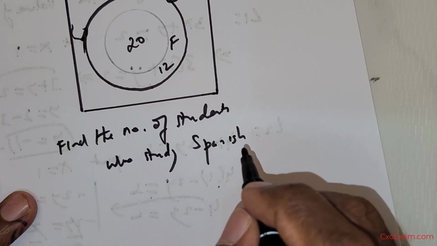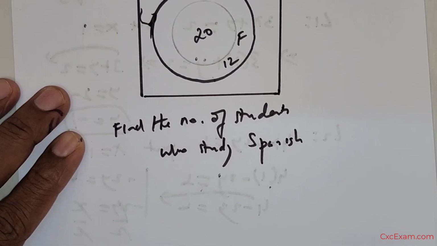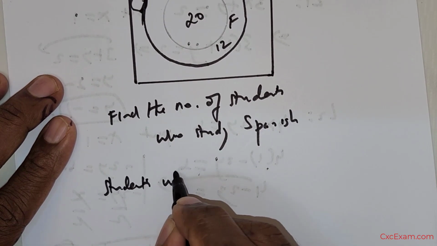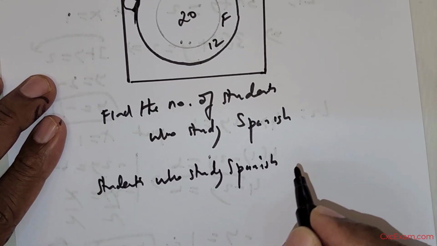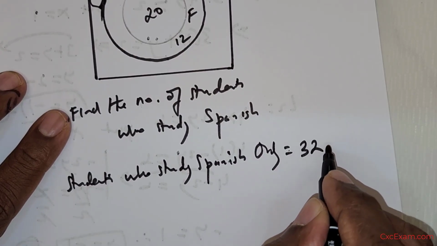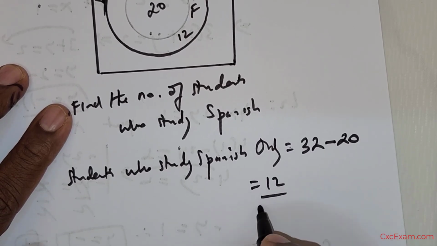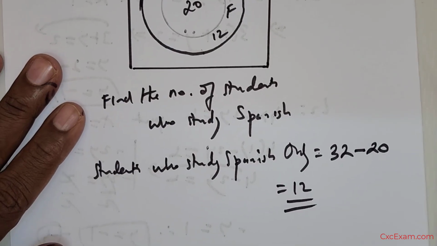Okay, so that is actually a straightforward one. So students who study Spanish only, so that is going to be from 32 you take away students who are studying French, so this is going to be 12. Okay, 12 students. So that is the solution.